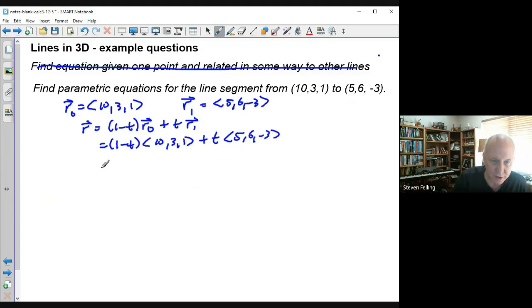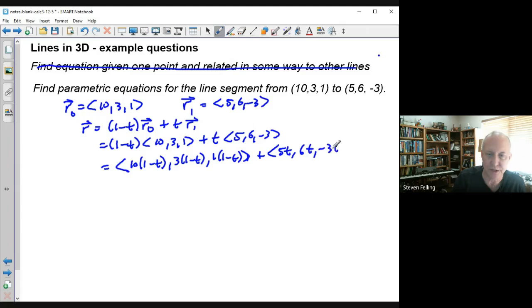If I write this out, let's combine the x components together. It'll be 10 times 1 minus t. Let me show all of this written out, although typically you'd do more of this in your head. Then we would have 3 times 1 minus t, then 1 times 1 minus t. That's this vector with this multiplied in. And then this is going to be 5 times t, and then 6 times t and negative 3 times t.